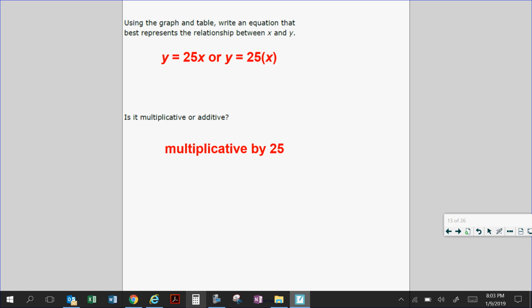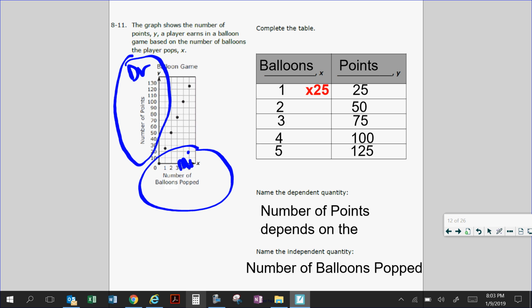Now, the next thing is you have to write an equation that shows the relationship between these. How do you turn 1 balloon to 25 points? Times 25. How do you turn 2 balloons to 50? Times 25. How do you turn 3 balloons to 75? Times 25. So we are multiplying these numbers. And what are these numbers about? The balloons. What letter is it?